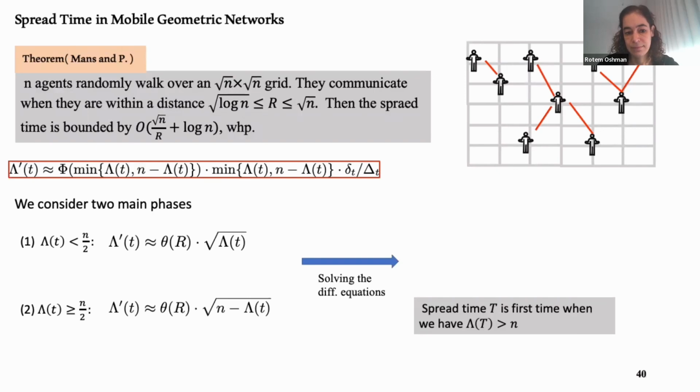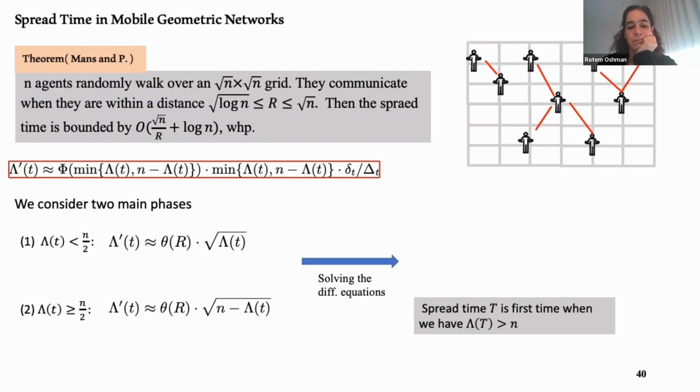Now let us consider two phases. In the first phase, we assume that the expected number of informed nodes is less than n/2, and in the second phase, we assume that the expected number of informed nodes is higher than n/2. For each phase, we get a differential equation, and by solving the equation, we get a function for the expected number of informed nodes in time.